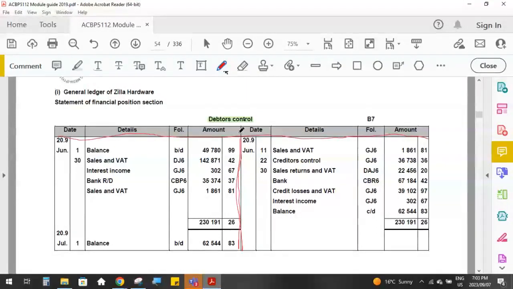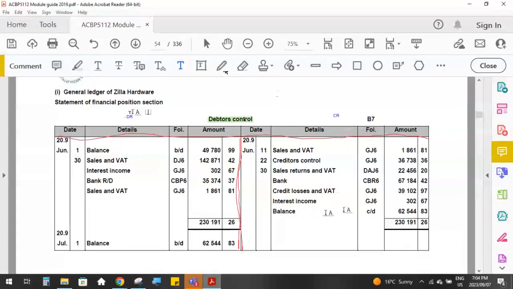We call it a T account because it looks like a T. On the left-hand side over here, we write the amount there when we debit the debtors control account, and on the right-hand side of the T over here, we write down the amount when we are going to credit debtors control. Okay, so here's our T. The left-hand side of the T is when we debit the debtors control, and the right-hand side of the T is when we credit debtors control.